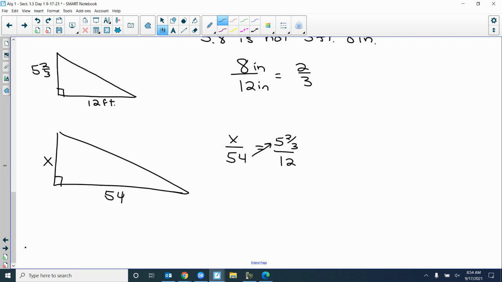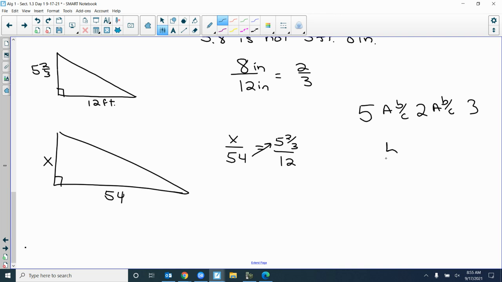What did you get, Jack? 180. Anybody else get 180? All right, so how do you enter 5 2/3? Hit 5, then the ABC button, then 2, then the ABC button, then 3.